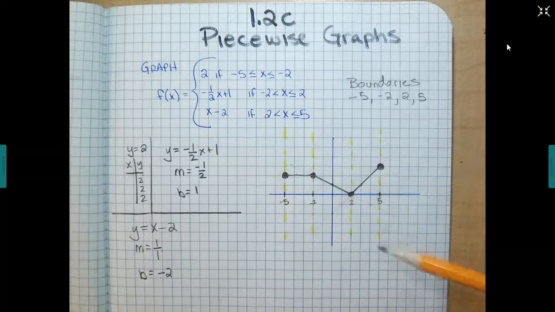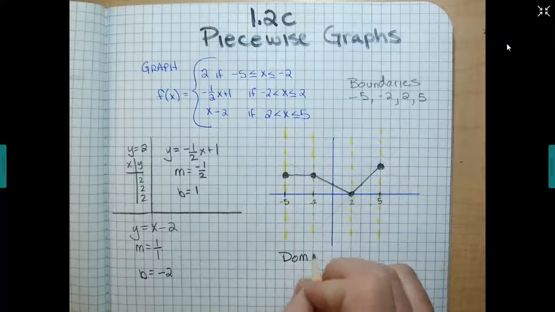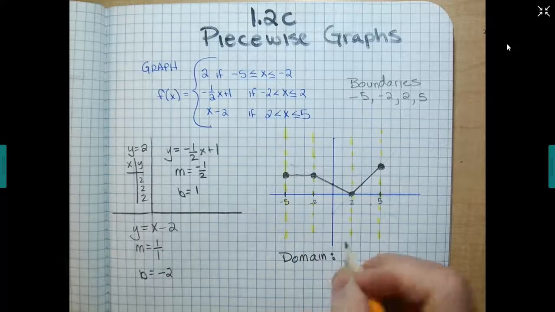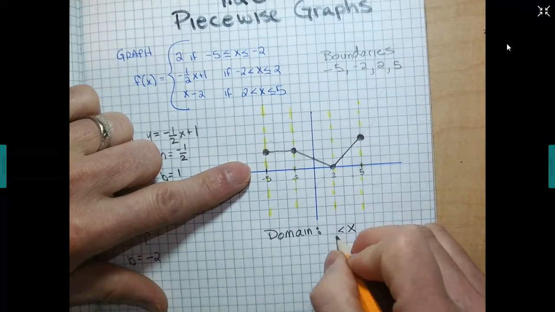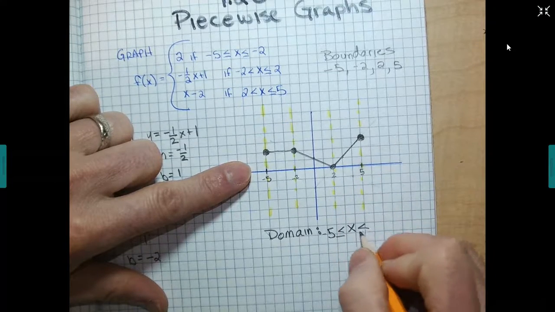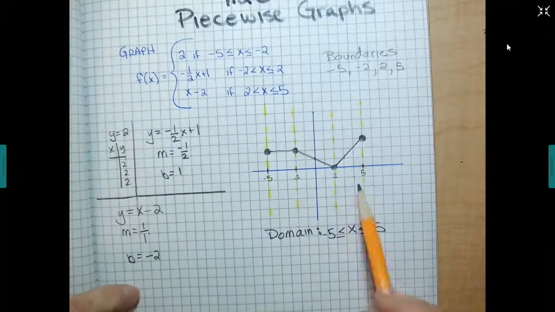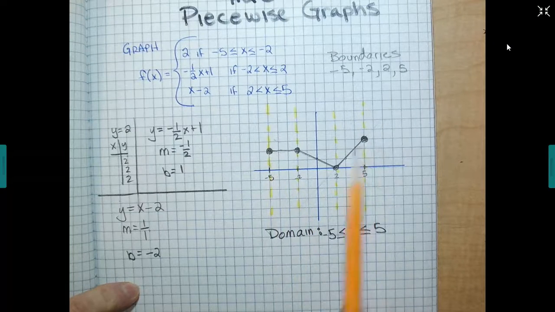There it is. Now it stops here, so what's my domain? My domain is x is greater than or equal to -5 and less than or equal to 5. So that's my left-right. It extends from here to here.